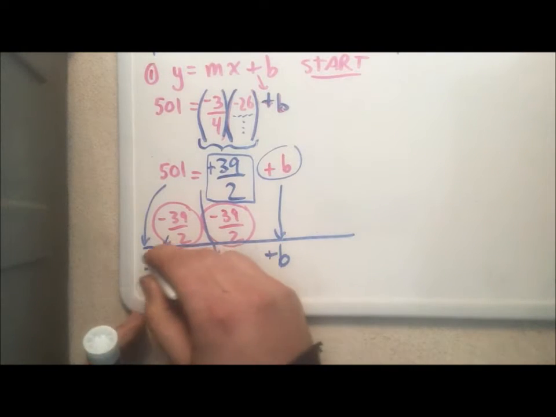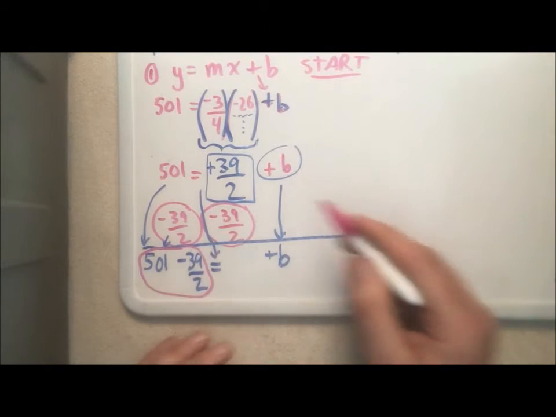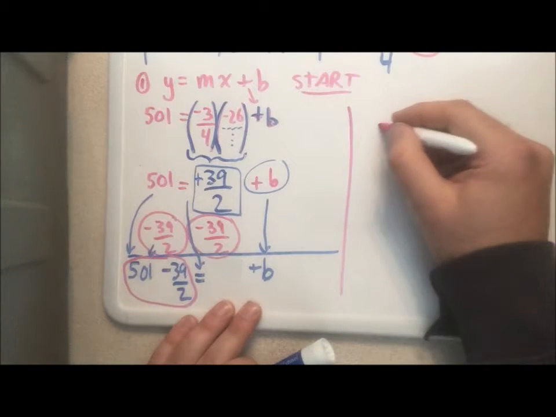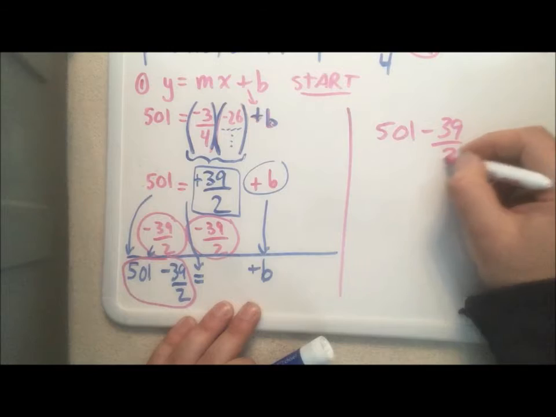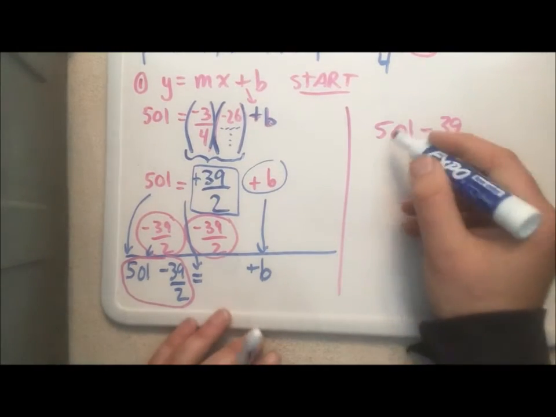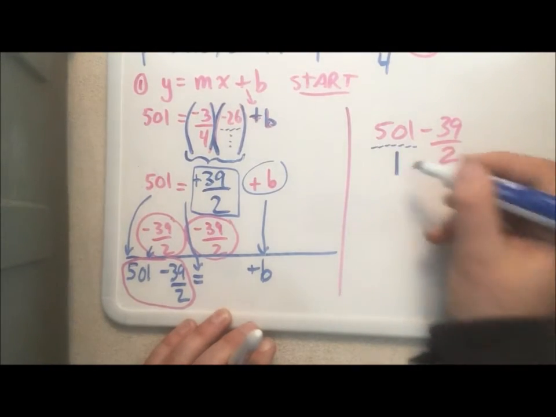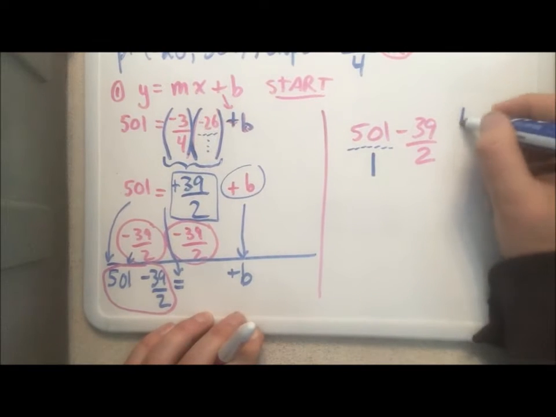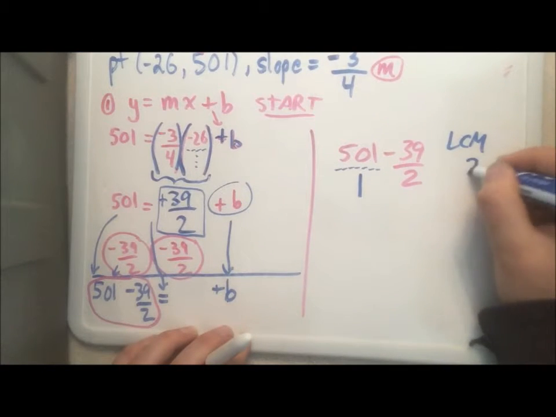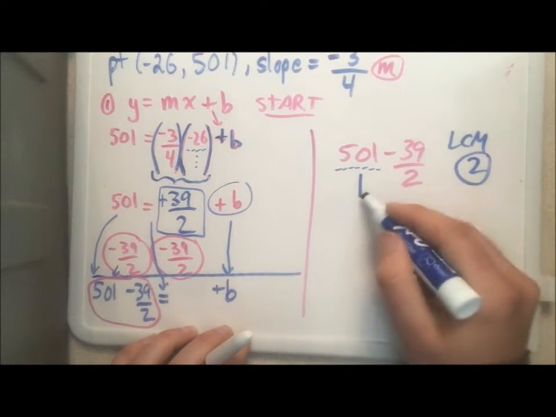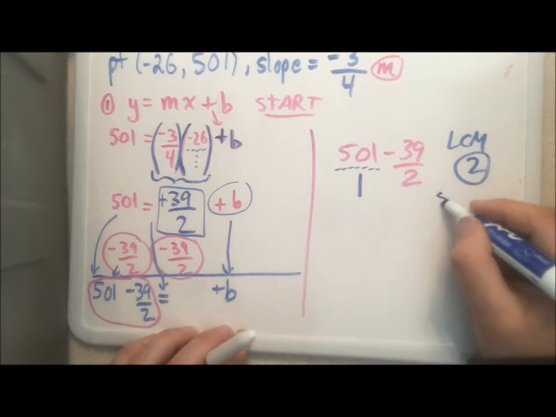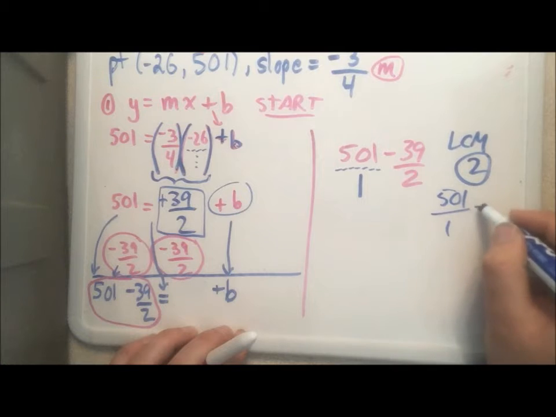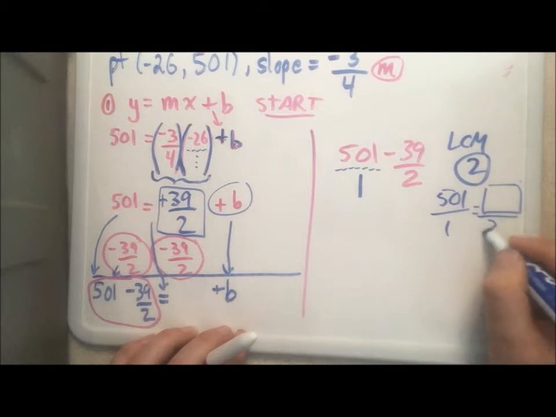Now, what do we do with this thing? So this is going to take us back to our previous math class. 501 minus 39 over 2. We have to remember that 501 is over 1. We're going to find an LCM, which is 2. I know that if I skip counted by 1 and 2, I hit 2 first. And therefore, I have to rename 501 over 1 to be something out of 2.